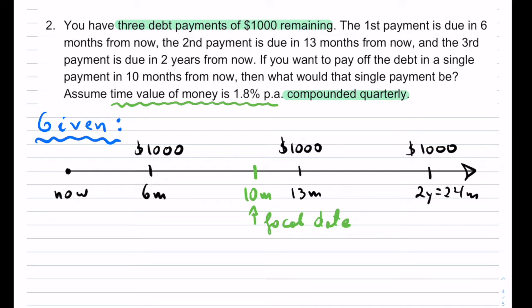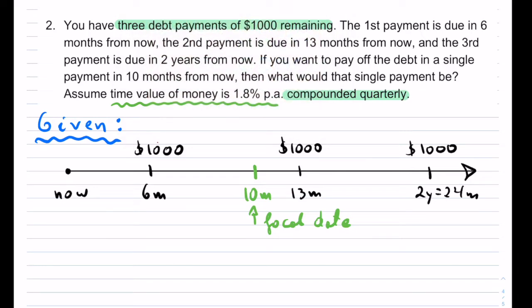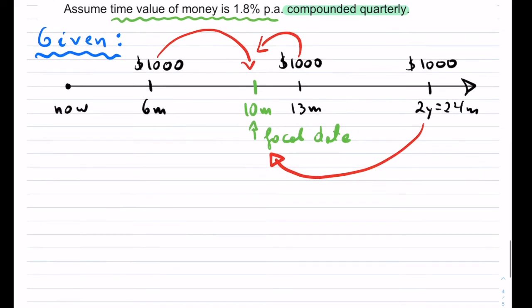So what we're going to be doing is bringing all of this money back into that focal date. That's what we're going to have to do, because we can only compare money on the same day when it is interest related.